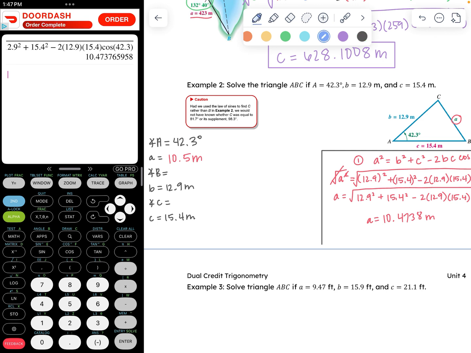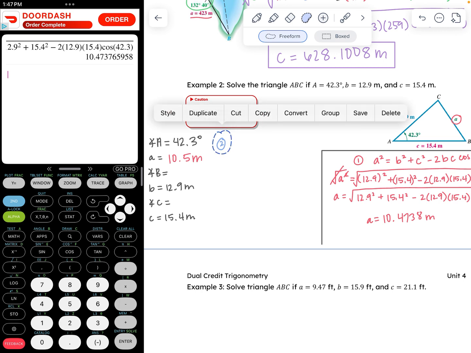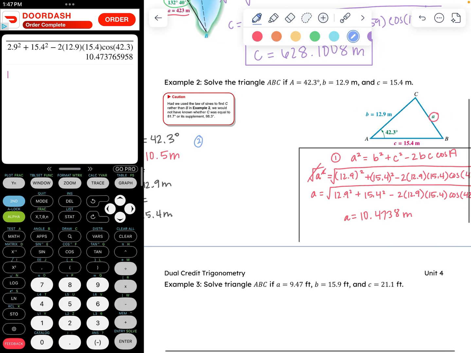So I'm going to do that in blue, and I'm going to use my law of sines to help me. So I know angle A, and I just found side A. I'm just going to put A for right now, and it's going to be over the sine of that 42.3 degrees.